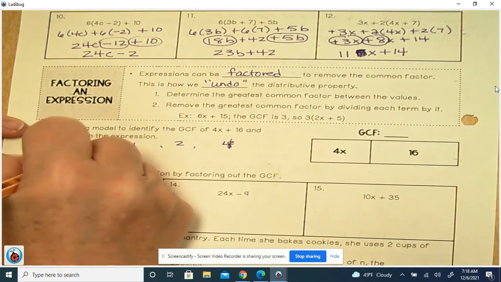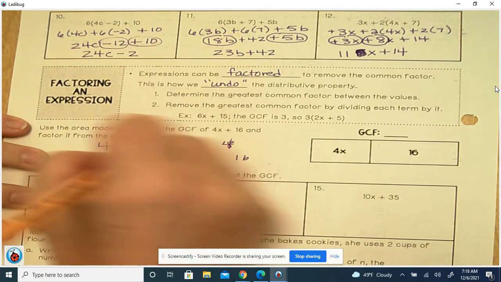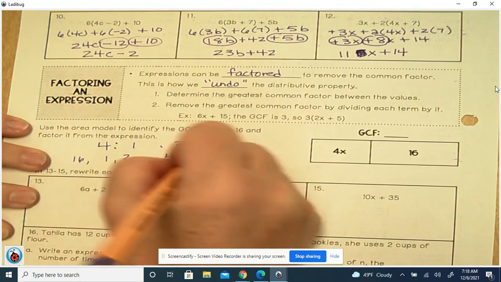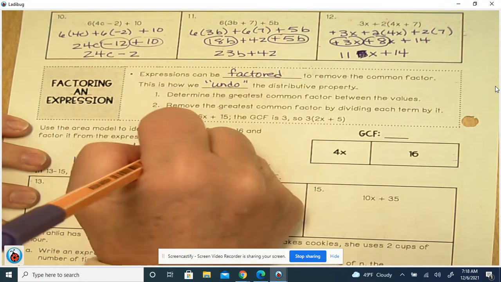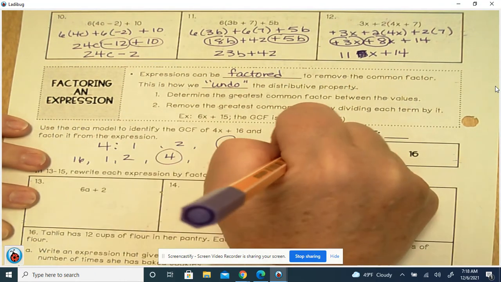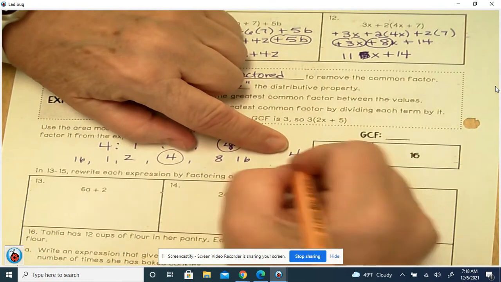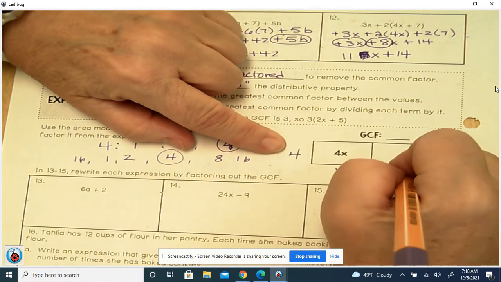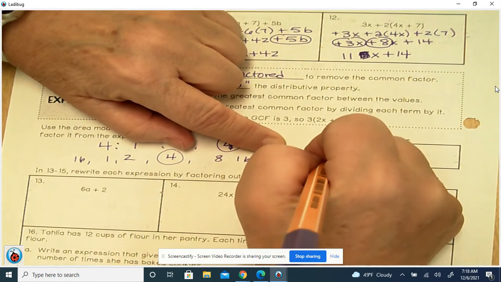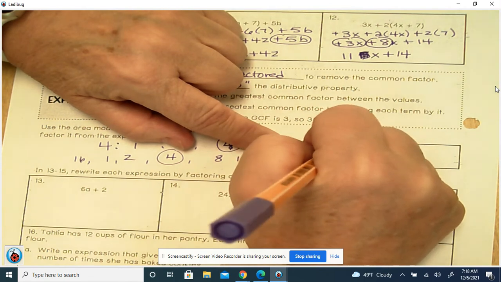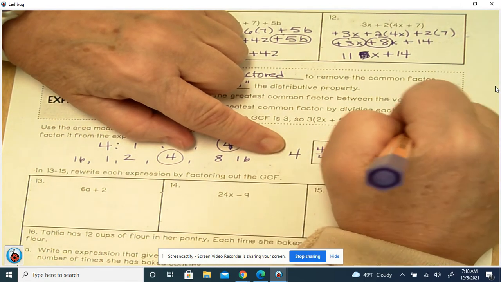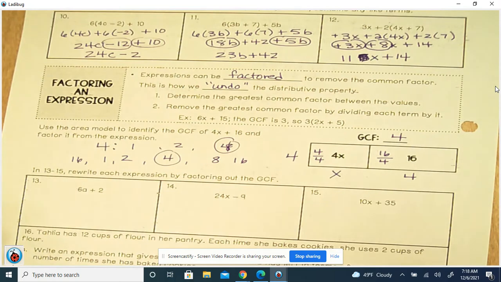And then for 16, we get 1 and 16, 2 and 8, and then 4 times 4. So our greatest common factor is 4. So if we take a 4 out of that, 4 divided by 4 is just going to give us x. 16 divided by 4 gives us 4, and our greatest common factor is 4.